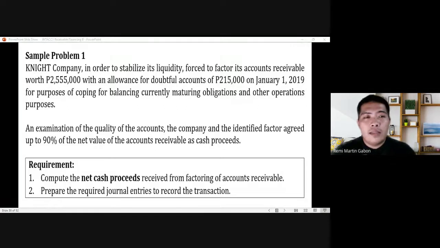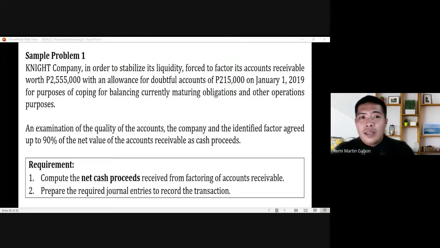So what does it mean? When we say net value of accounts receivable, kindly recall the amortized cost, the net realizable value of accounts receivable. Why am I emphasizing this one? Some problems will provide that the 90% as cash proceeds will be based not on the net value of the accounts receivable, but on the balance or the gross carrying amount of the accounts receivable.